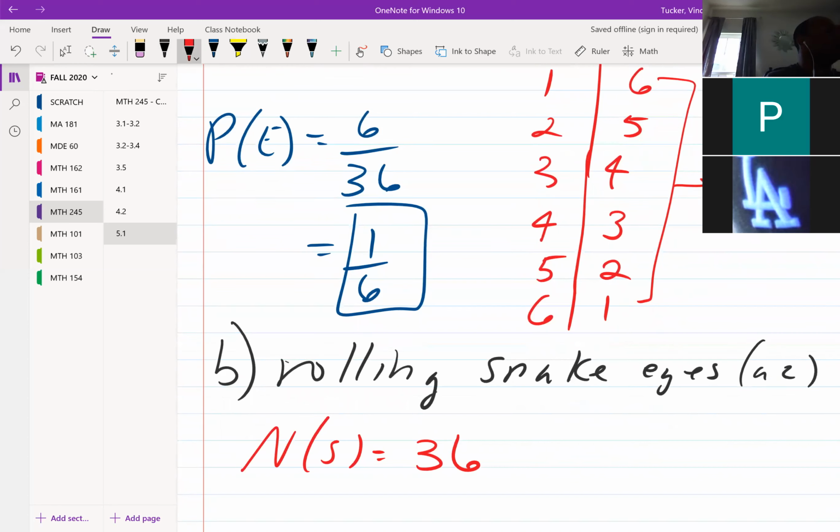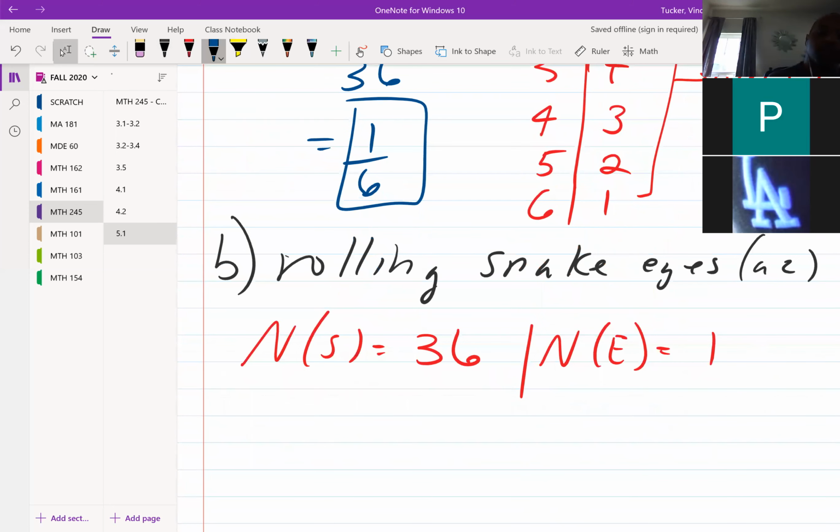But when we look at our event, you ask yourself how many different ways can you roll a 2? And there's only one way. That's just when both of them are 1. So the probability of rolling snake eyes is just 1 out of 36.